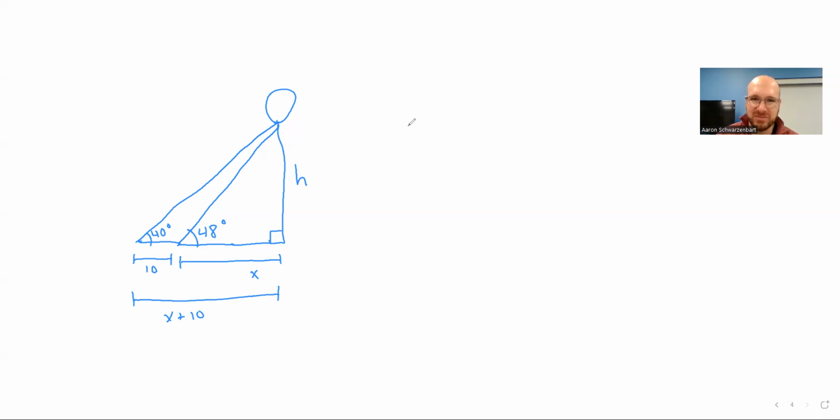Again, in a lot of these word problems, we use tangents. We know that tangent of 40 equals h over x plus 10. We also know that tangent of 48 equals h over x.